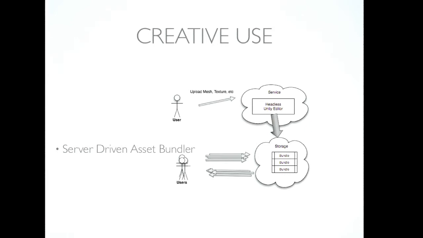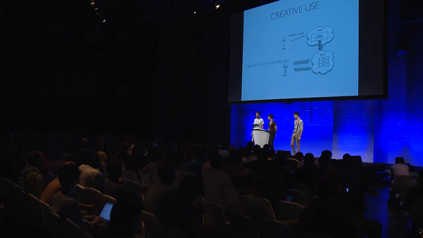And then you can have other users download that asset bundle and use it. And you could do a similar thing if you wanted to have automated asset bundle building for your own internal purposes, like whenever you commit or something.